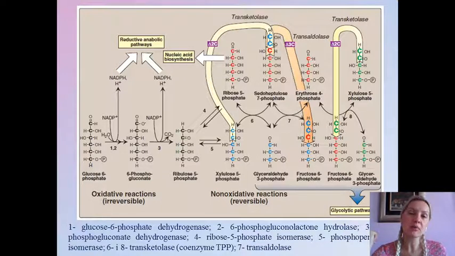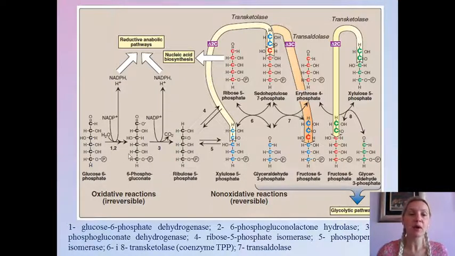And during that process, one NADPH molecule is synthesized, as you can see, and what you cannot see here is that 6-phosphogluconolactone is formed. But this is not a very stable molecule, so it's readily hydrolyzed by another enzyme, 6-phosphogluconolactone hydrolase, to 6-phosphogluconate.